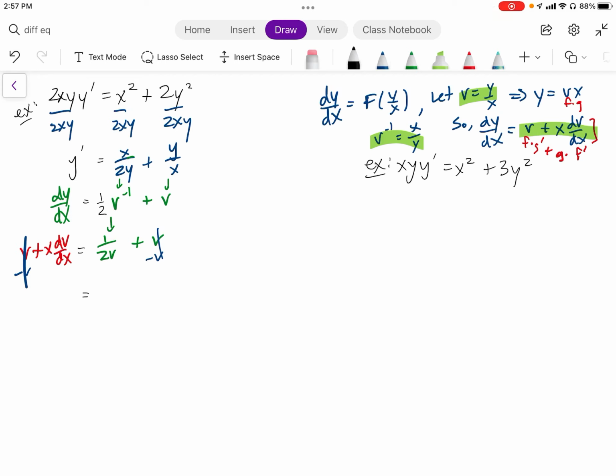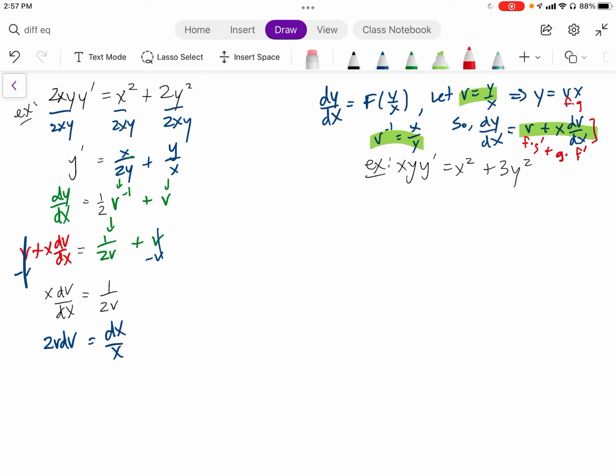So we have x dv/dx equals 1 over 2v, and separate the variables. We move that 2v to the left and take the reciprocal of x over dx. So dx over x equals 2v dv.